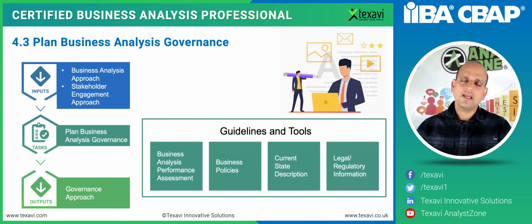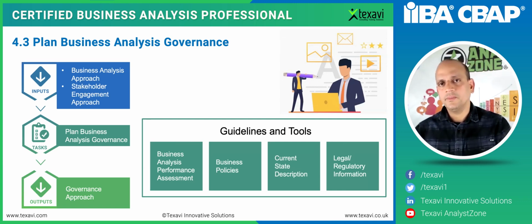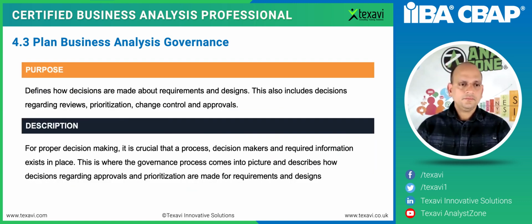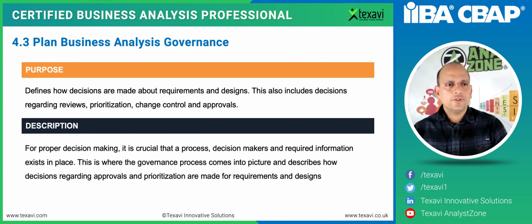If it is to do with healthcare, what kind of regulatory information? If it is banking or a financial services sector, what regulations should be considered? If it's retail, what kind of things? What are the health and safety considerations? All of those need to be considered if you want to draw the governance plan.